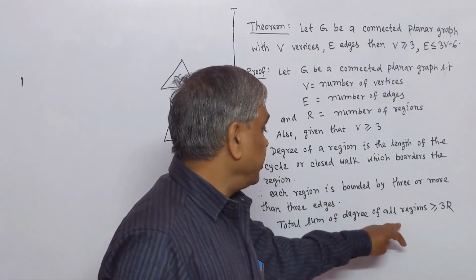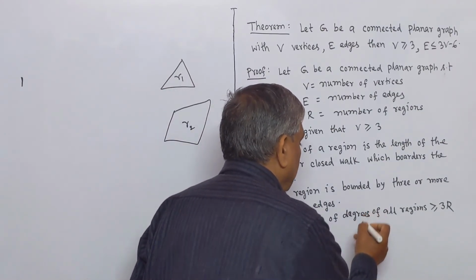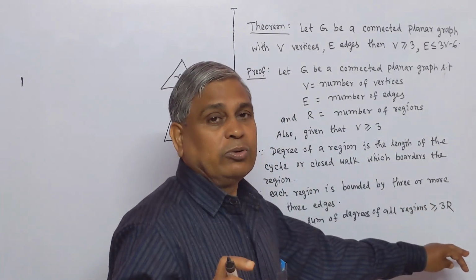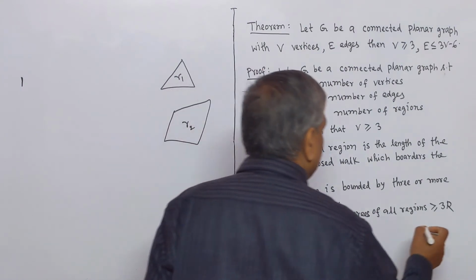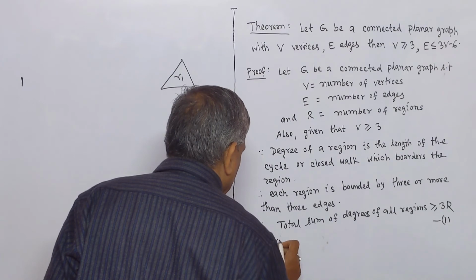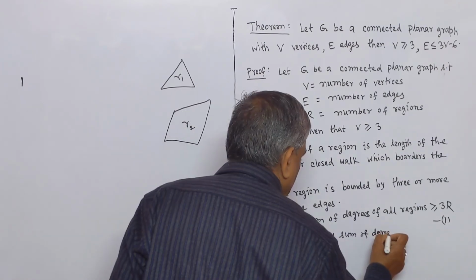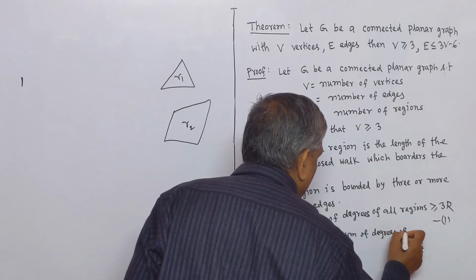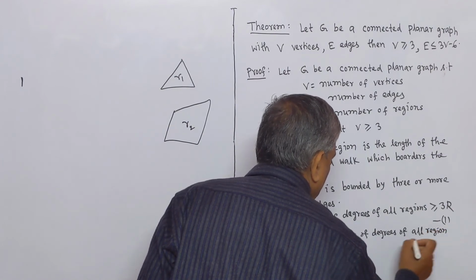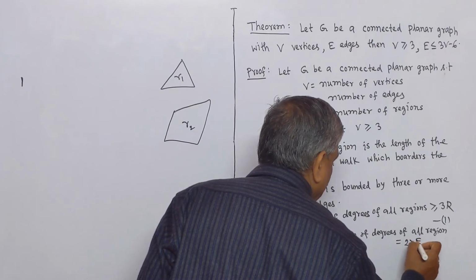So this inequality holds, the sum of degrees of all regions is greater than or equal to 3R. Let this be number 1. We know that the total sum of degrees of all regions equals 2 multiplied by the number of edges.